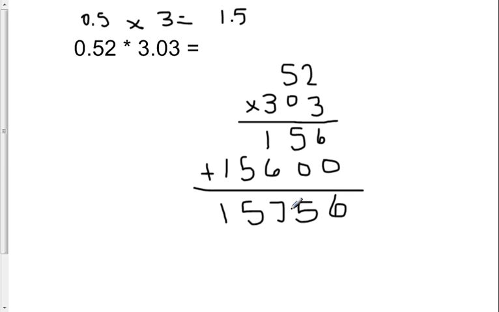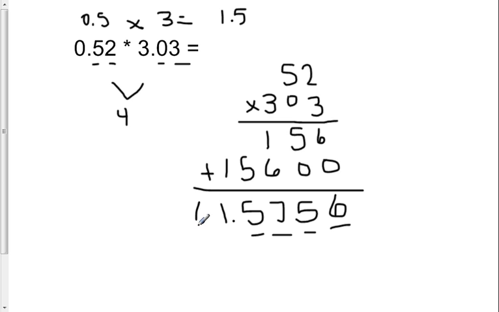And again, I'm going to count the decimal places. 1, 2 here, 1, 2 here, for a total of 4 places. In my product, I will need to have 4 places after the decimal point. 1, 2, 3, 4. Decimal point, 1, 2, 3, 4 places after the decimal.